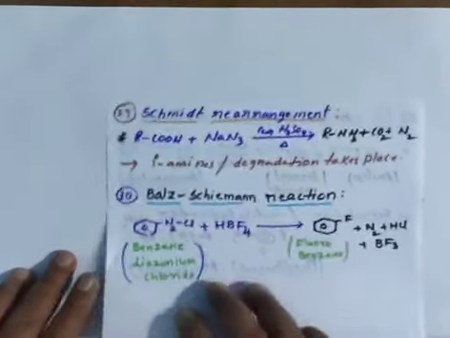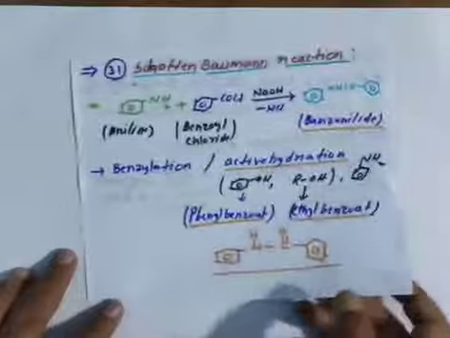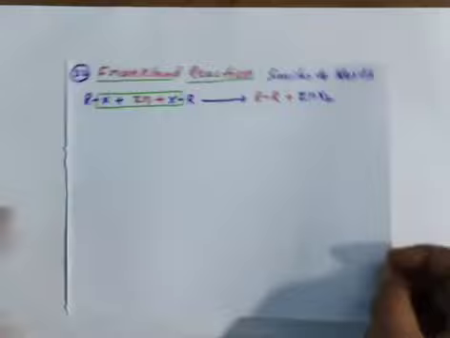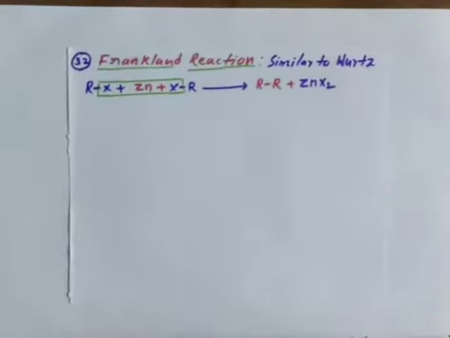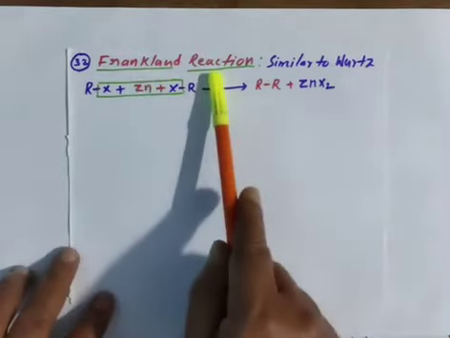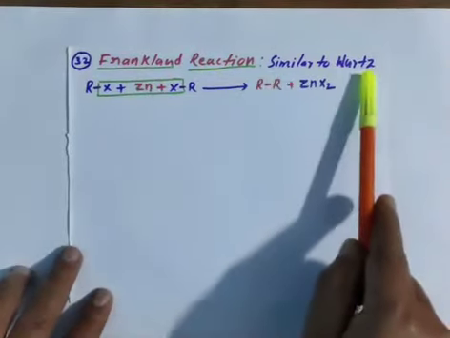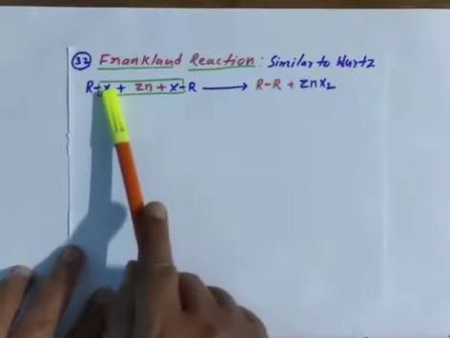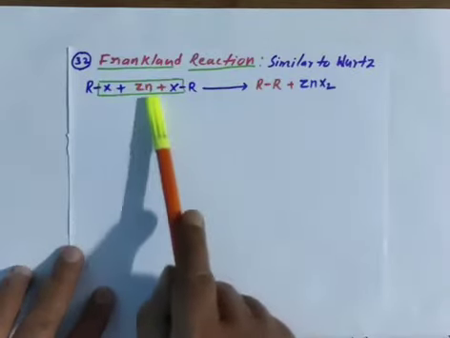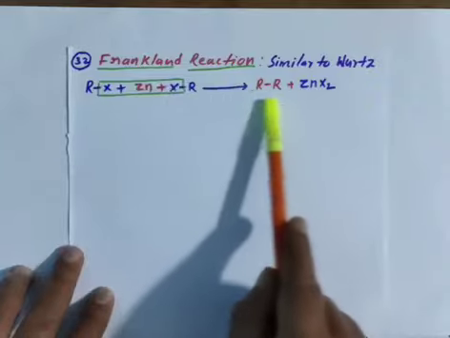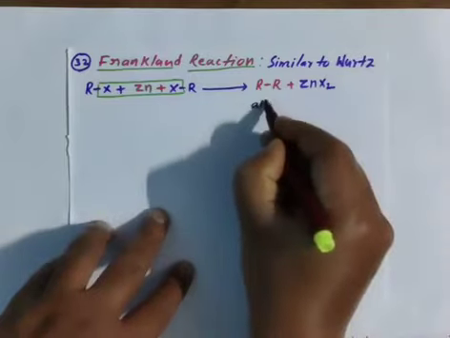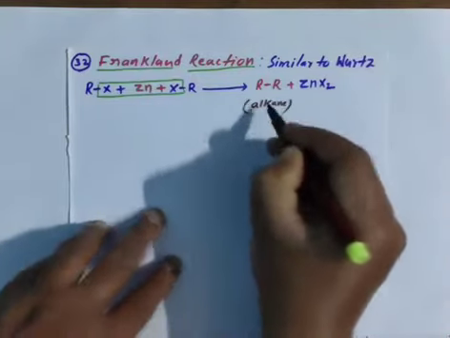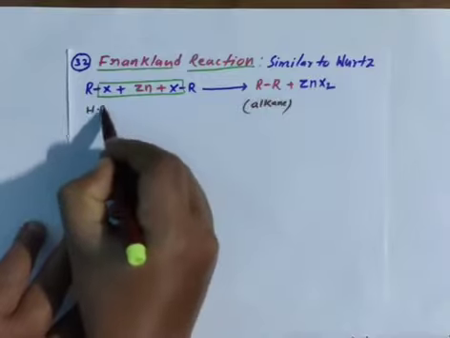Clear? And we completed nearly 31 reactions. Another important reaction we have, related to the Wurtz reaction we learned already, is the Frankland reaction. It is similar to the Wurtz reaction. When 2 moles of alkyl halide are treated with zinc metal, no other reagent is required, you get an alkane. The compound R-R is nothing but an alkane.